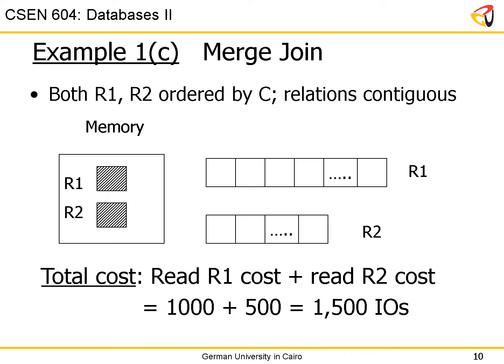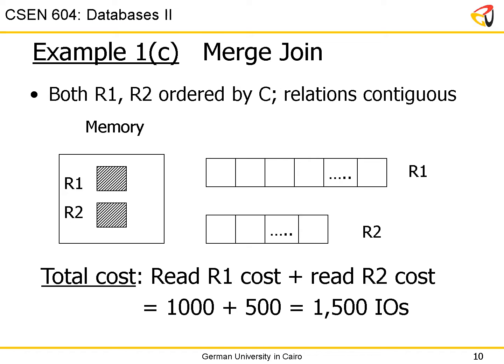And notice the way merge join works, and that's why we are discussing it here. It's an interesting joining technique from a performance perspective, because if R1.c and R2.c are sorted, we move generally from top to bottom, which means we don't have to repeatedly load pages.